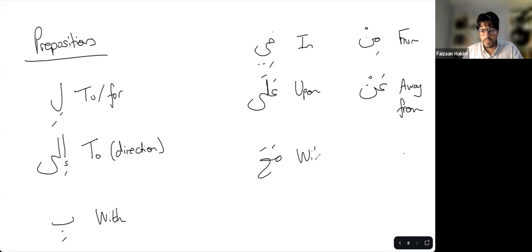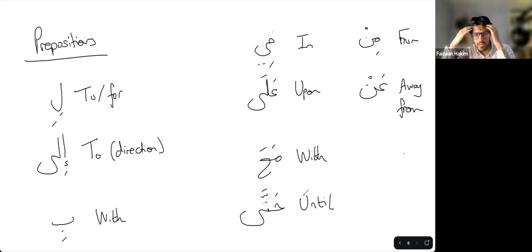Ma'a means with. I'll just give you this one as well, hatta. Hatta means until. Though again, less common out of these. And I think we can suffice with that for now. That will suffice us. Again, not many.